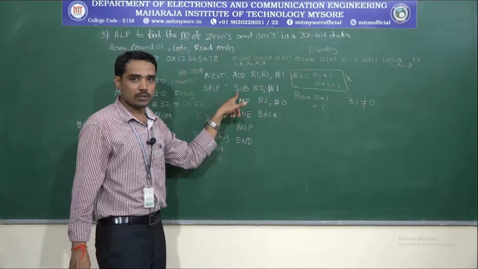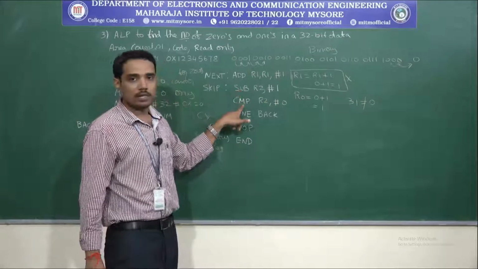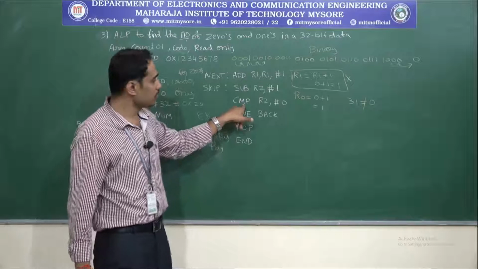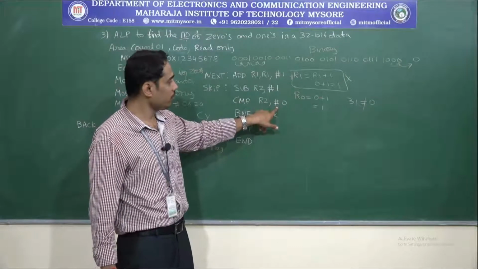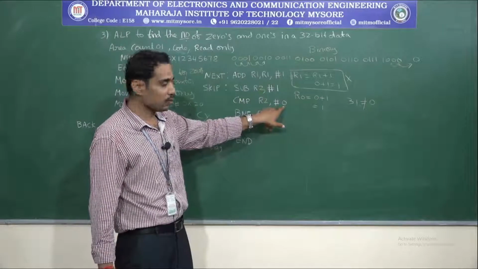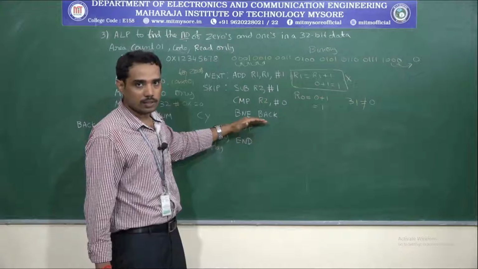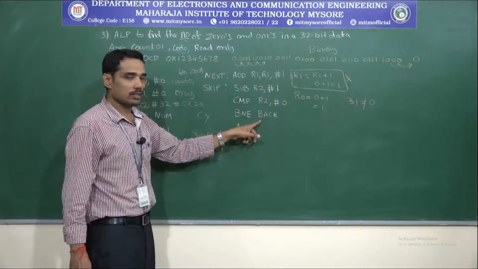Here we are using only SUB, we are not using SUBS. For that purpose we have to incorporate one more instruction, that is compare R2 comma hash 0. Here we are comparing the difference with 0. If it is equal to 0, we will continue with the next instruction. If it is not equal to 0, then we are going to the loop.